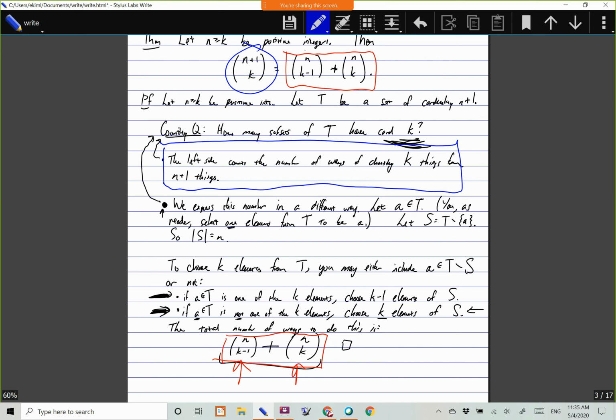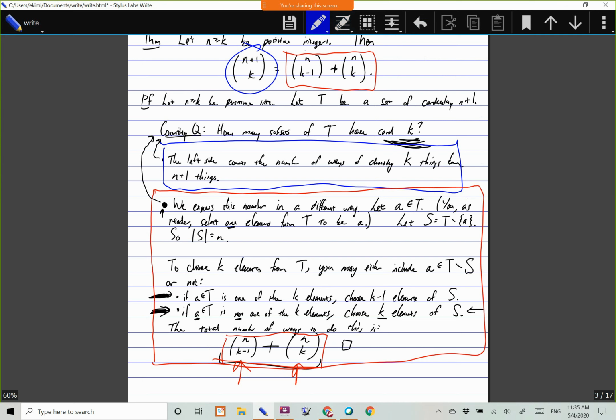Again, you've got the set T of cardinality n plus 1. How many subsets of size K are there? That's what the left side is, what's in blue. The argument in red, maybe I should actually box the argument over here. It's the much longer argument: there's still this set T that has cardinality n plus 1. Let's pick one of those as the special element called lowercase a, to follow our notation. And to make subsets of cardinality K, you either include little a or you don't.